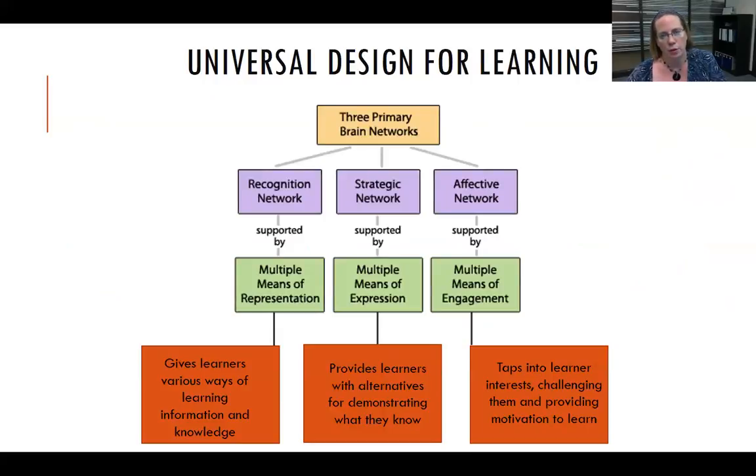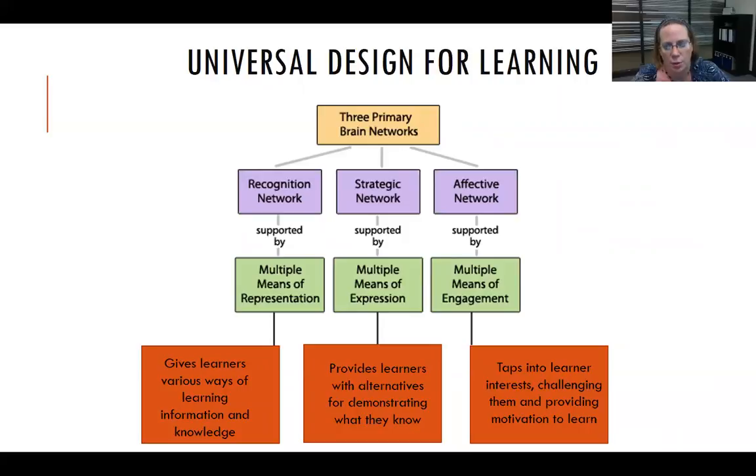It is important to note that UDL is based on neuroscience and the idea that there are 3 primary brain networks that work together to create knowledge acquisition or learning. These are, if we look at the diagram on the right, the recognition network, the strategic network, and the affective network. The recognition network allows us to identify and interpret patterns of sound, light, taste, smell, and touch.